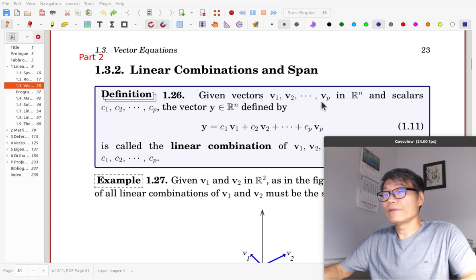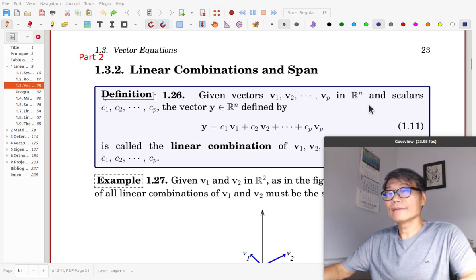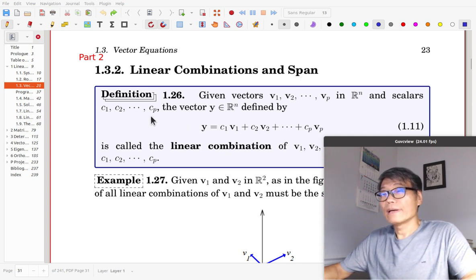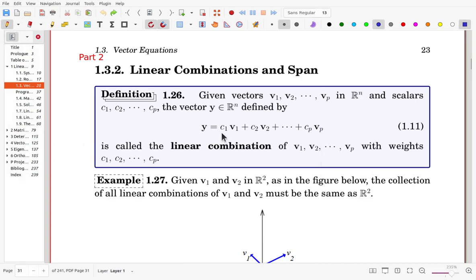V1 to Vp are vectors in Rn, and C1 to Cp are scalars, real numbers. We consider this combination: C1 V1 plus C2 V2 and up to Cp Vp, scalar multiples and vector additions.